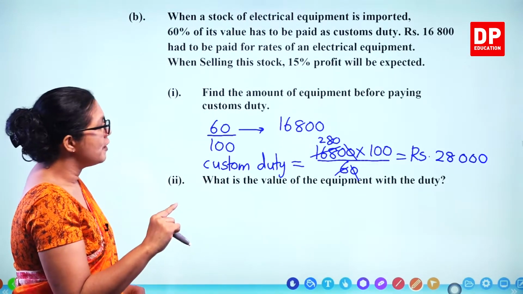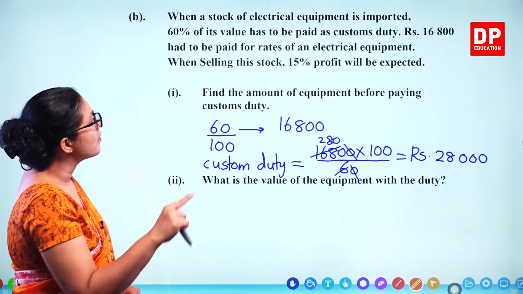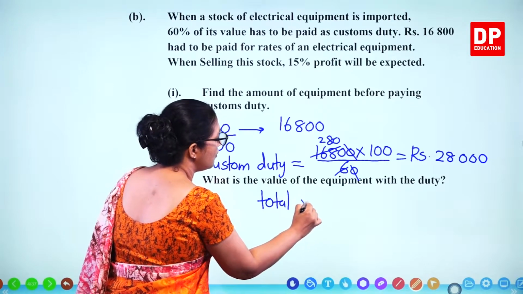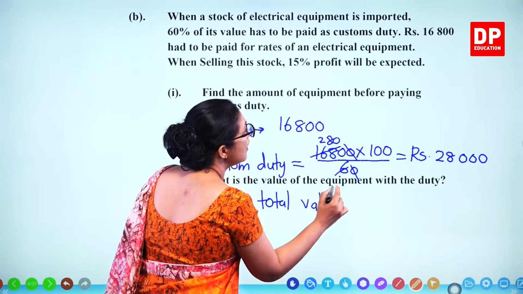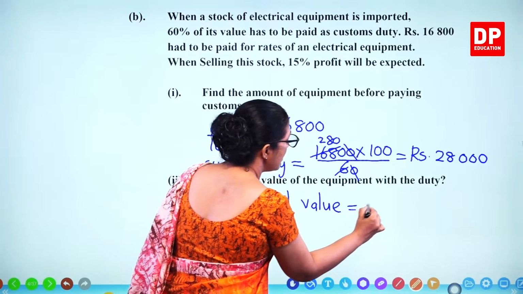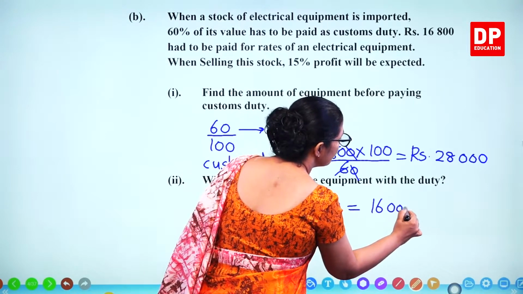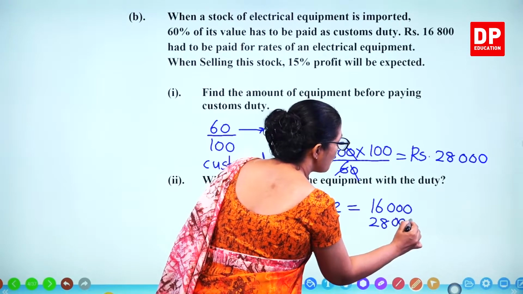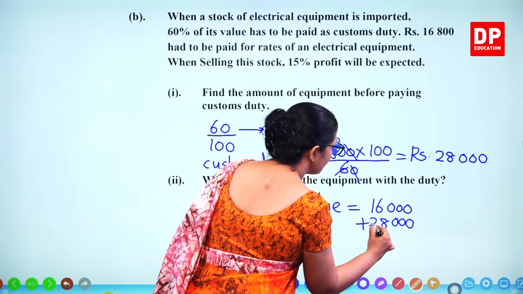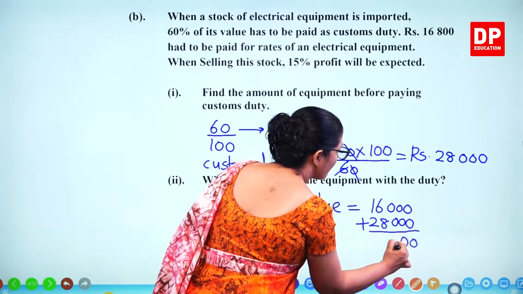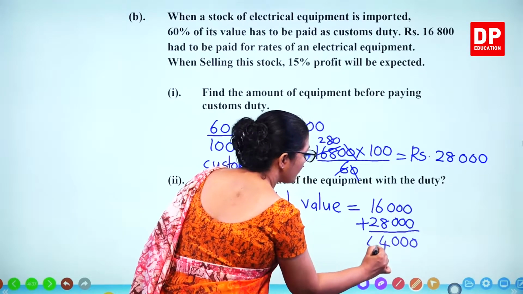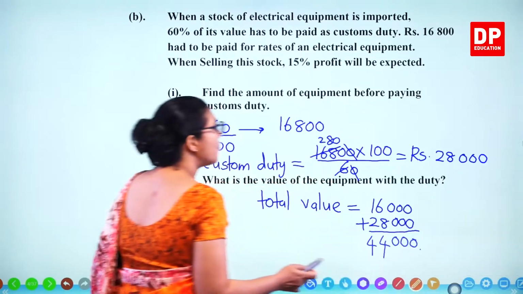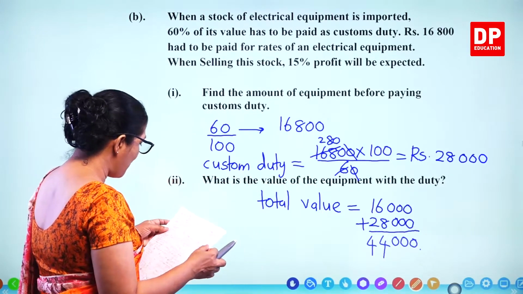What is the value of the equipment with the duty? So total value, we can write 16,800 plus custom duty value 28,000 rupees. So the total value is 44,000 rupees. So let's see how many marks.